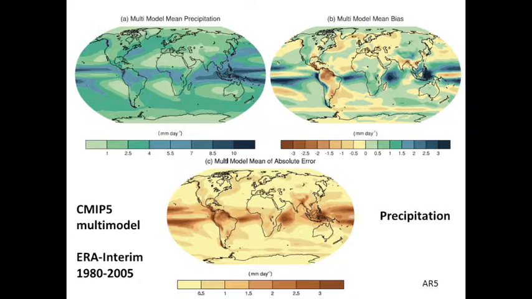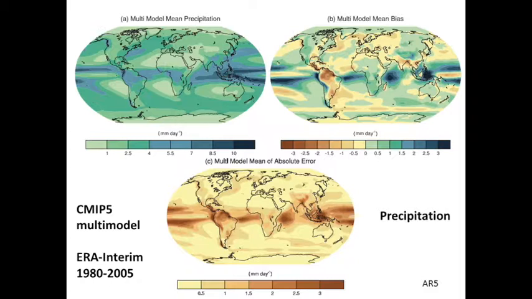Hi, Professor. I would like to ask if this bias is evaluated with the monthly data or the daily precipitation data, because the errors are very small. I believe it is monthly data. Yes, monthly mean precipitation. Oh, okay, thanks.